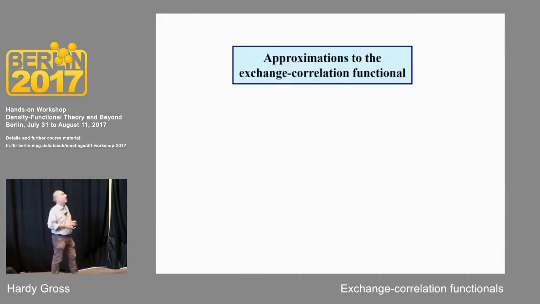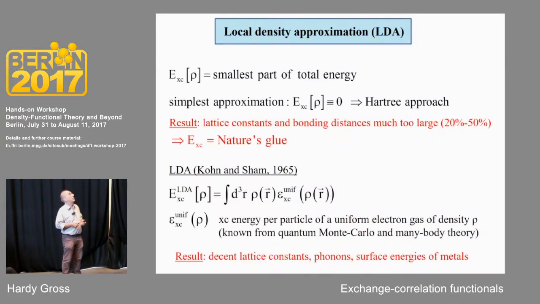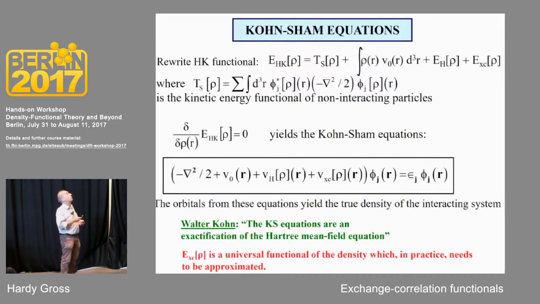Okay, let's now talk about explicit approximations. And, well, if you look at the size of the energy contributions, so here's this total energy expression, non-interacting kinetic energy, which is this usual kinetic energy expression with the density-dependent orbitals. And you look at the size of the numbers.